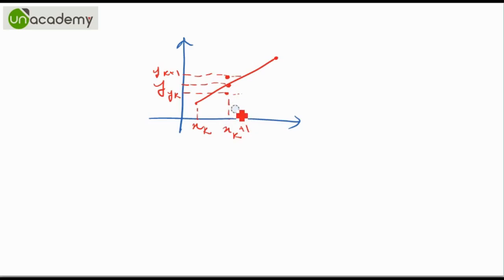So when pk is negative, then we choose this point. If pk is positive, we choose this point.